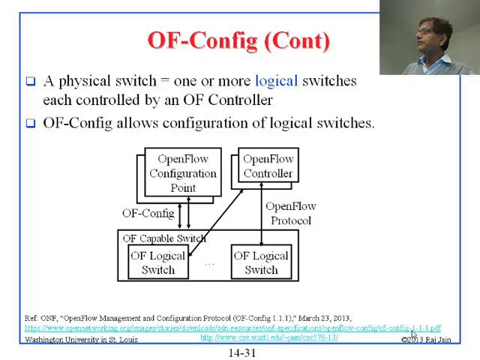It could have many logical switches, as shown here, we have 1, 2, and then more in between, so many virtual switches. And so the configuration point could say that this switch talks to that controller, this switch talks to that controller, and so on and so forth. So you could have multiple controllers for one physical switch.